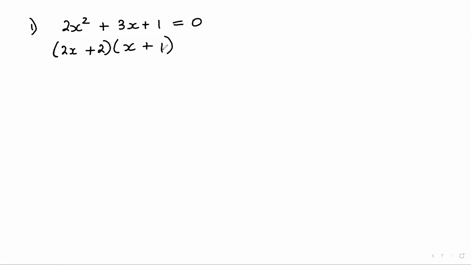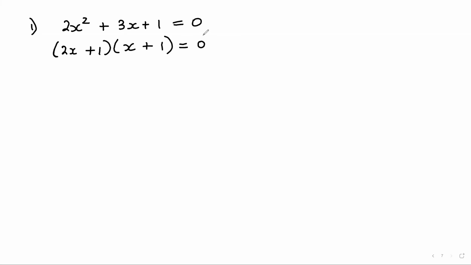Wait, I made a mistake. This should just be 1 and 1. 2x times x is 2x squared, 2x times 1 is 2x. Yeah, there we go. So this one will be 2x plus 1 and x plus 1, and all of it is equal to 0.